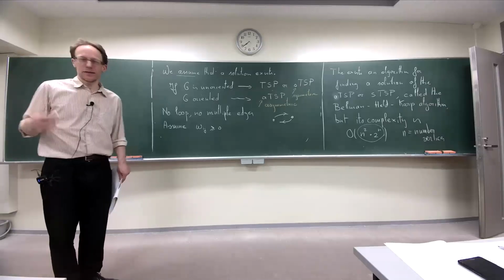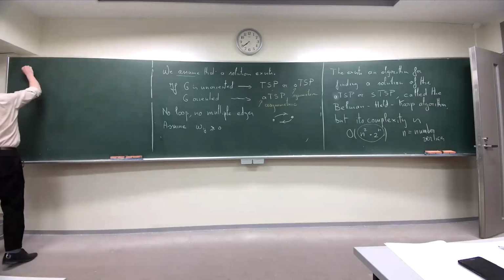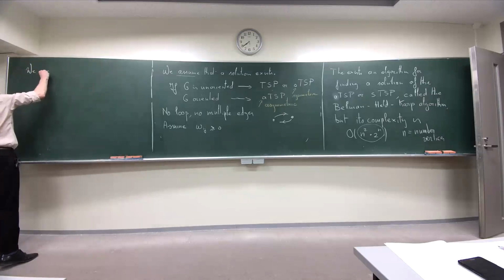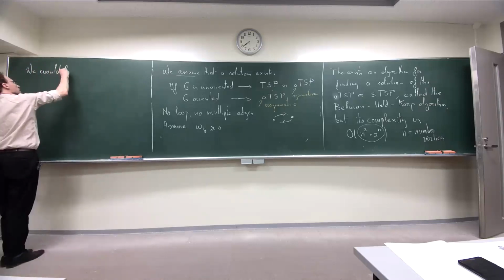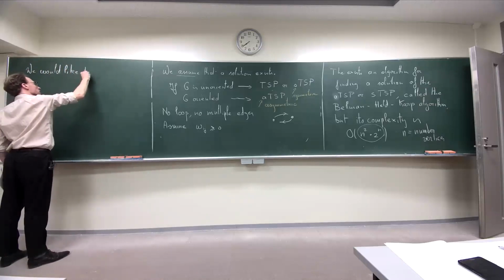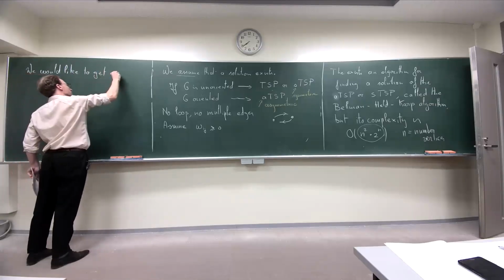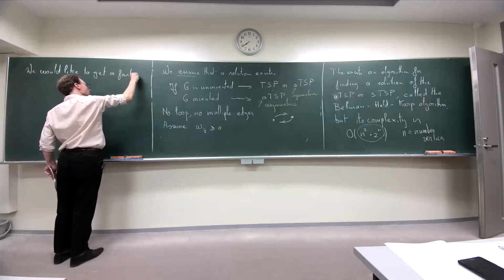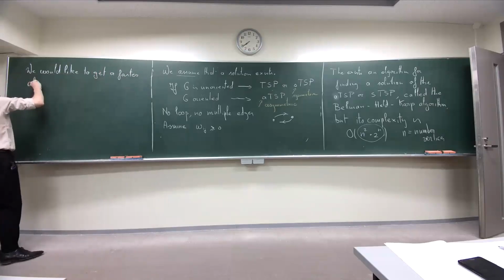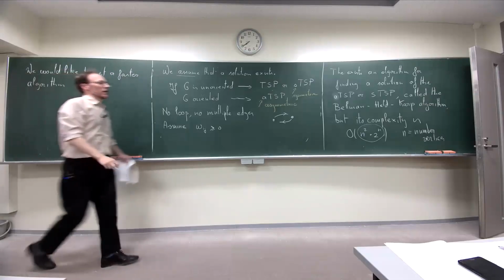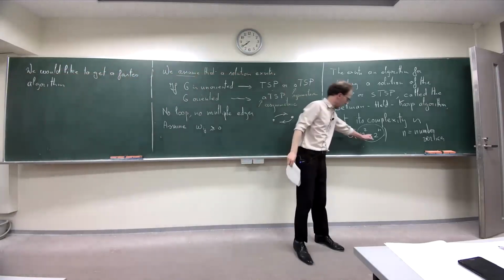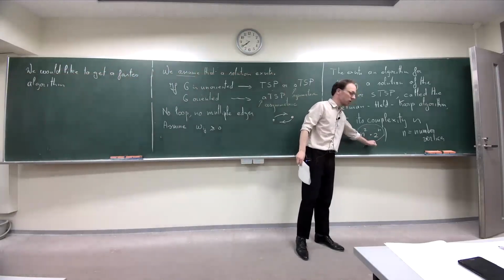But there is a price. So we would like to get a faster algorithm. Faster means the number of computations wouldn't grow like this.